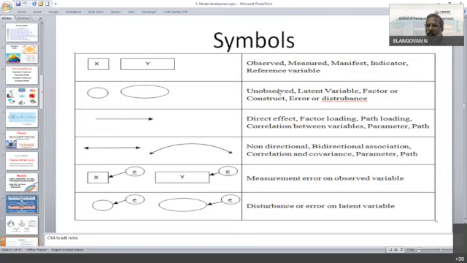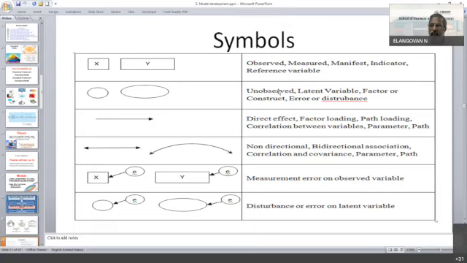What is an unobserved or a latent variable? In your survey instrument, you may ask 3 or 4 questions, or 5 or 6 questions. To measure one abstract concept, you will use 4 or 5 items. Each question is called an item, which is represented as a square box. But all these 5 or 6 items are going to indicate a particular concept.